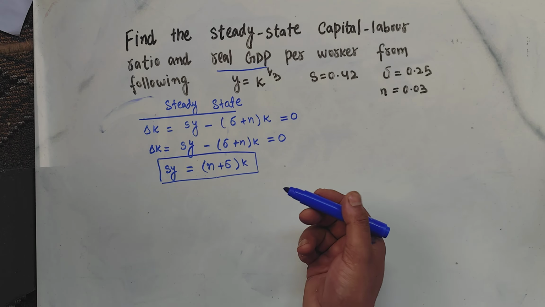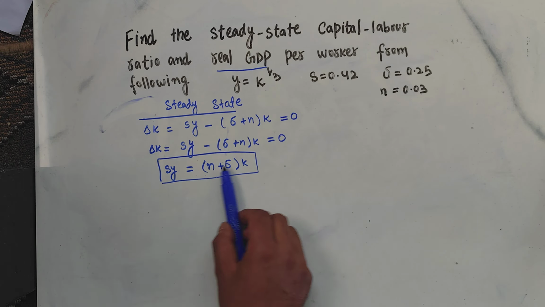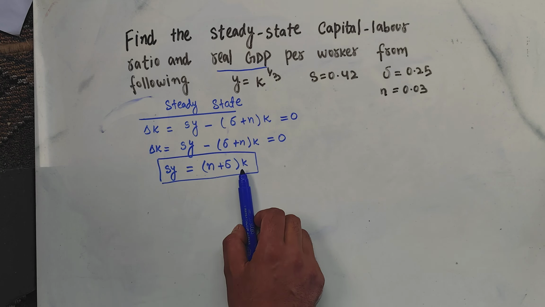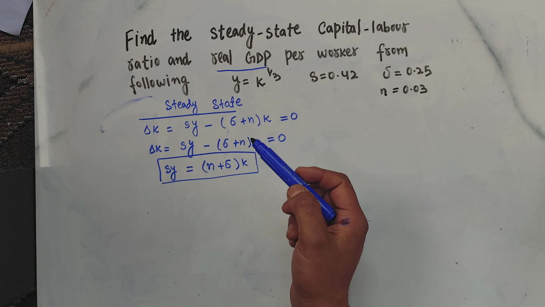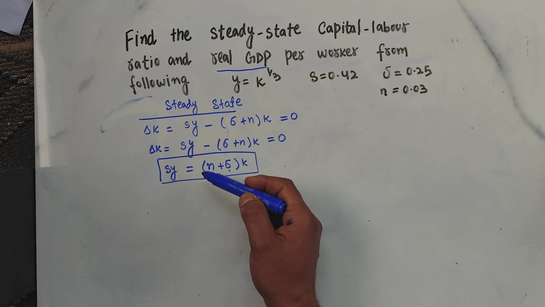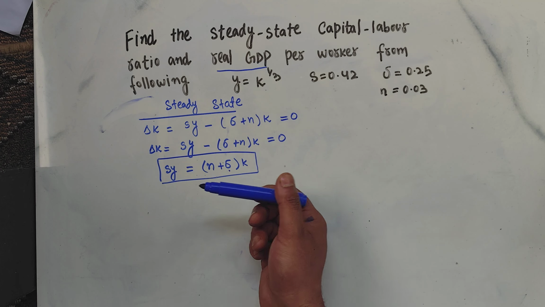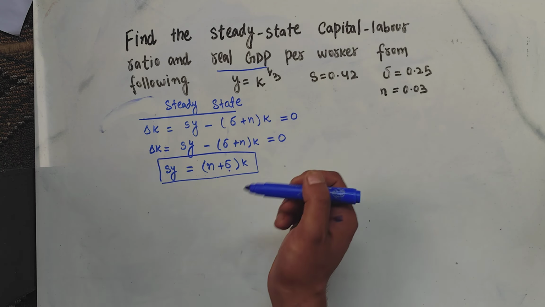Rather, this question is in fact about the Solow model. So savings per worker must equal the investment needed to offset depreciation and equip the new workers. That is why the change in capital accumulation is equal to 0.